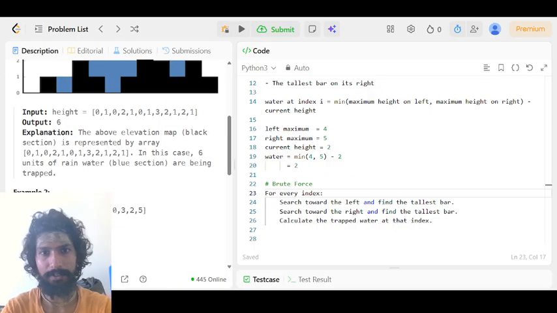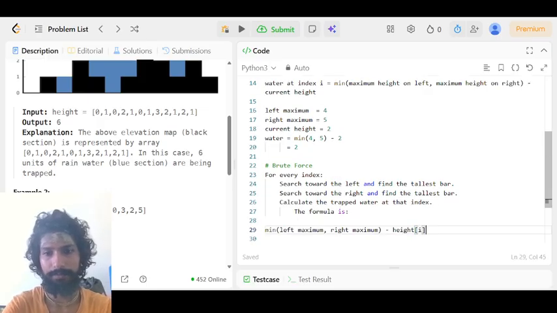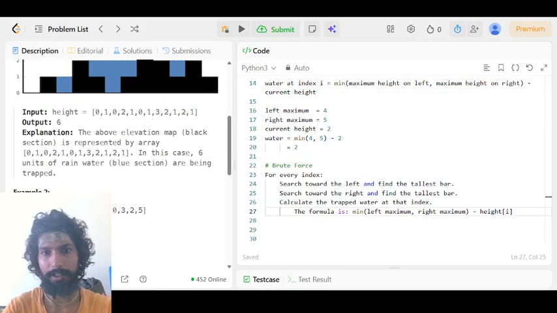The formula is this. That is minimum of left maximum, right maximum minus height at that position, height i. However, finding the left and right maximum for every index requires repeatedly scanning the array.